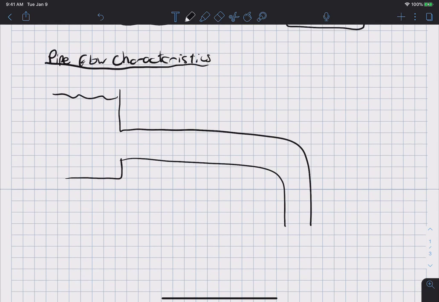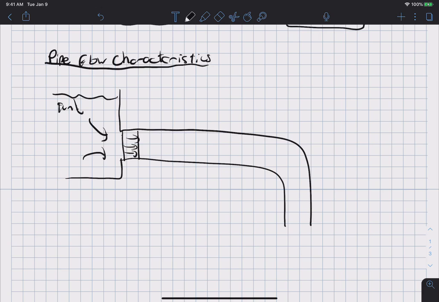And, well, initially, in ideal circumstances, the velocity profile as the flow goes into the pipe from the tank will be fairly uniform.